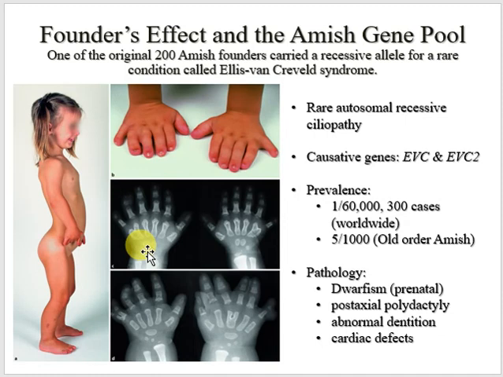Ellis-van Creveld syndrome. Again, it's a type of dwarfism. It's a rare genetic disorder. It's autosomal recessive. It's known as a ciliopathy.